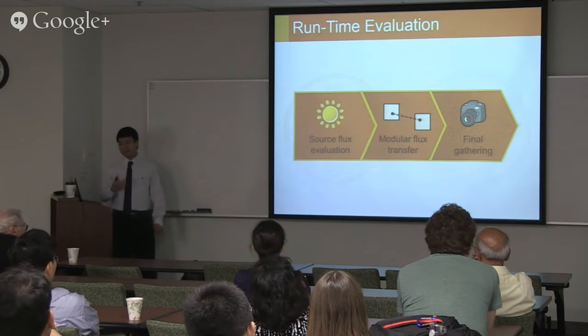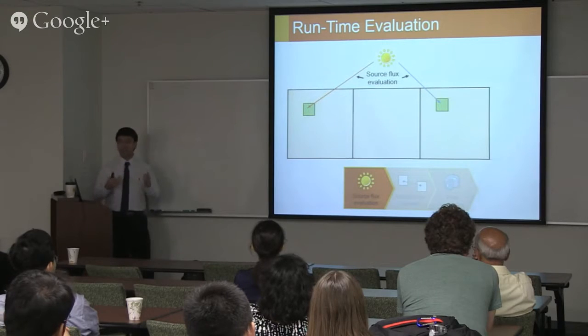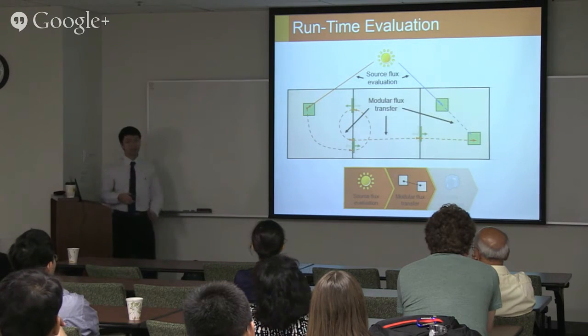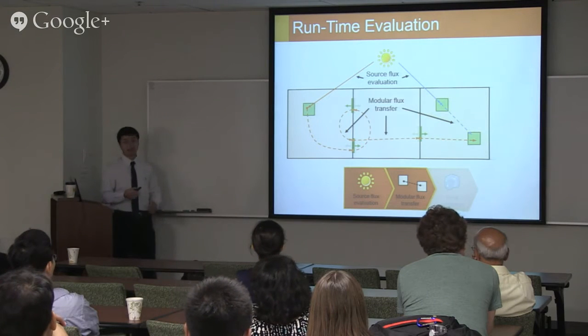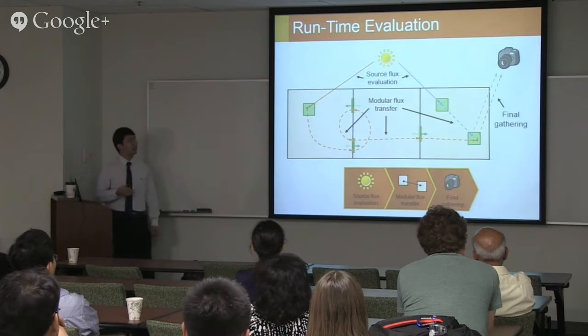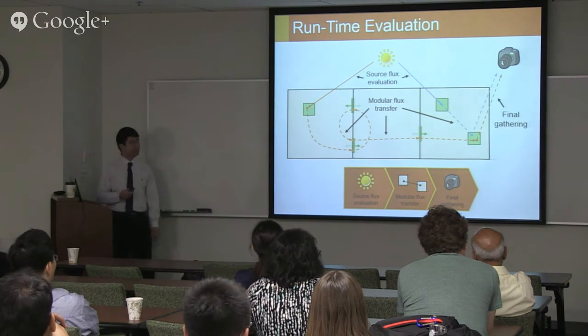This component contains 3 steps. First, we evaluate incoming light or source flux inside the volume. Then we use a modular flux transfer framework to propagate such energy into the entire volume. And finally, we do a final gathering step to generate the image.